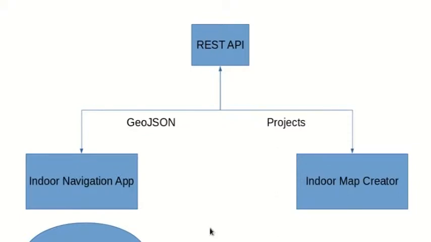Another part is the indoor map creator. This is another application built using Angular 2. Using this application we can build maps with all the indoor features like rooms, wards, a pharmacy, a doctor's room and everything available in the hospital.